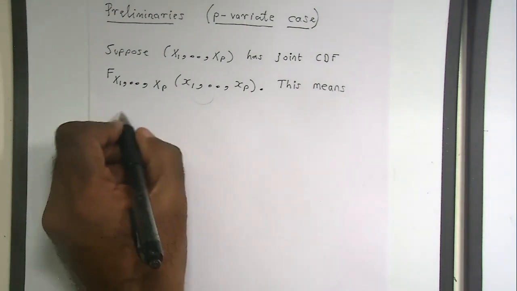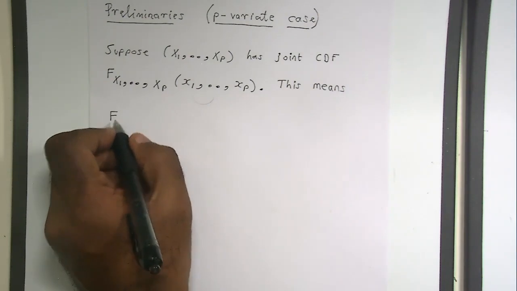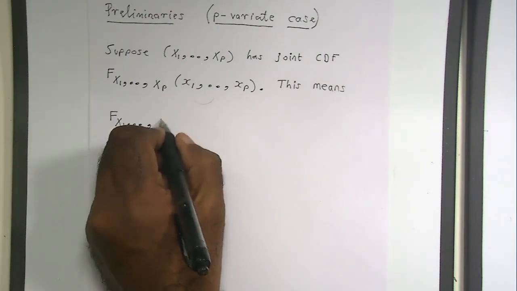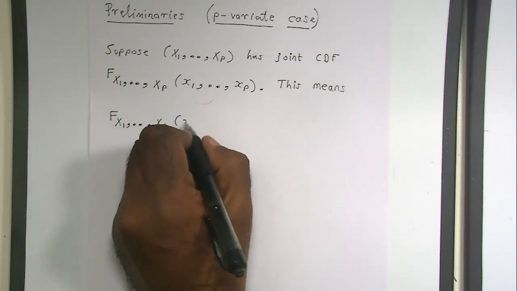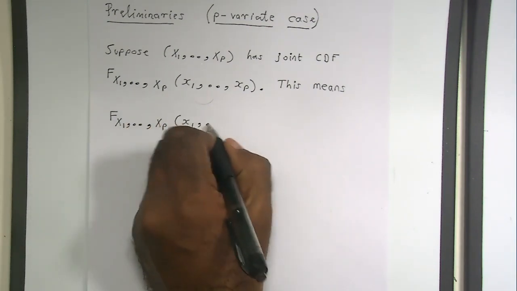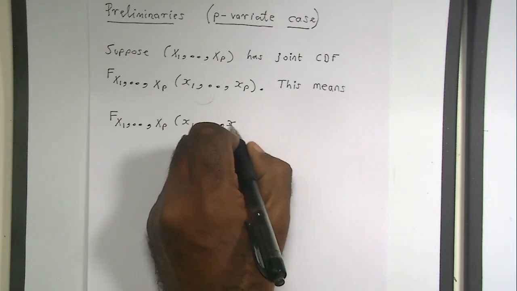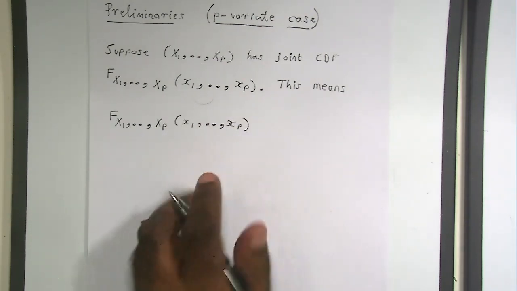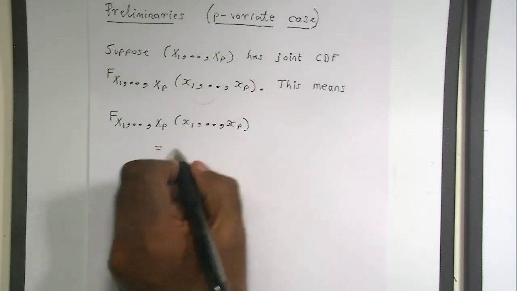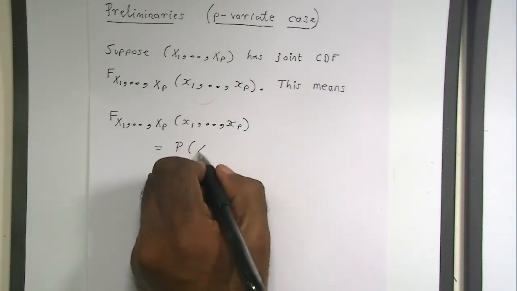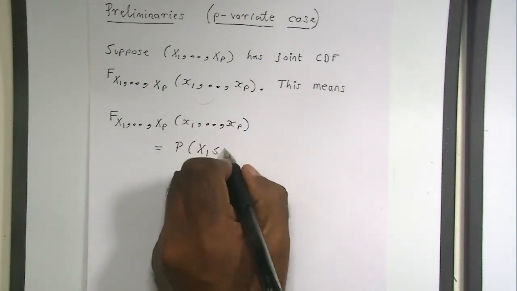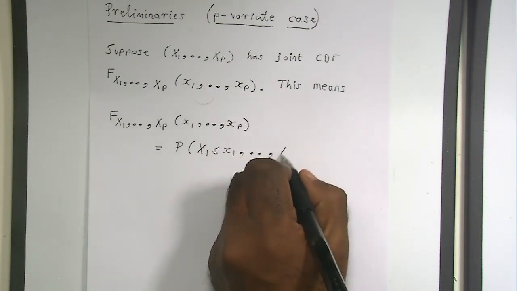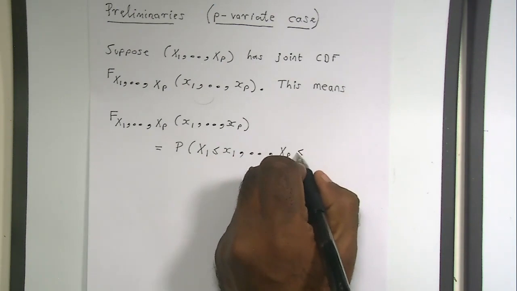This means the following: the joint CDF is equal to the probability that X1 is less than or equal to x1, and so on up to Xp is less than or equal to xp.